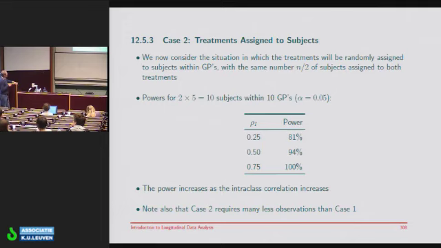And now let's calculate the power for 2 times 5 subjects, so still 10 subjects per doctor, 5 treatment A, 5 treatment B, and with 10 doctors. And here you see the powers, again for the same scenarios. And there's 2 things that you immediately see. First, if the correlation increases, the power increases as well.